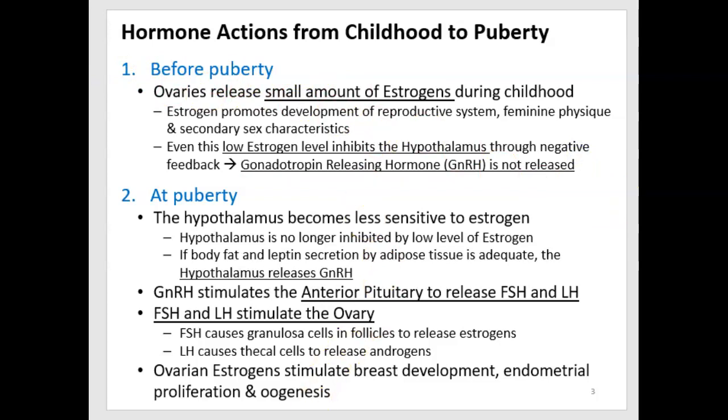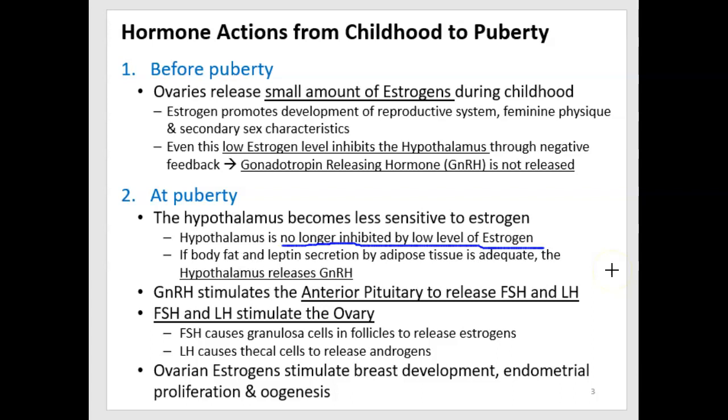But at puberty, due to the development of the brain and also changes in the fat content of various tissues throughout the female body, the hypothalamus becomes less sensitive to this estrogen negative feedback. So it's no longer inhibited at the onset of puberty by this estrogen.